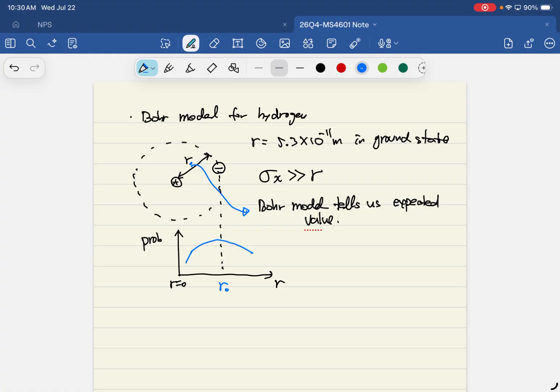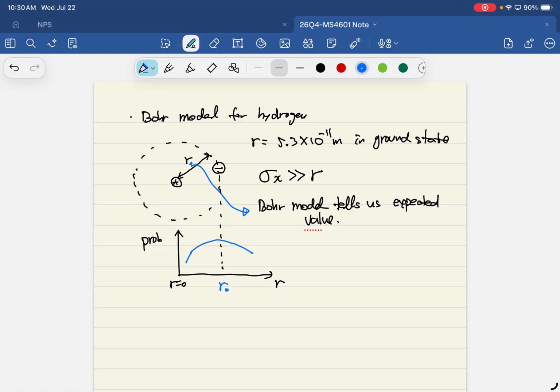Have you heard about the electron cloud in the atomic model? What does that mean? The electron can actually be found anywhere within the cloud with some probability distribution. But if we evaluate the average of R, it turns out to be some known value, in this case R naught. So the electron cloud concept essentially comes from the fact that the position of the electron follows a probability distribution.